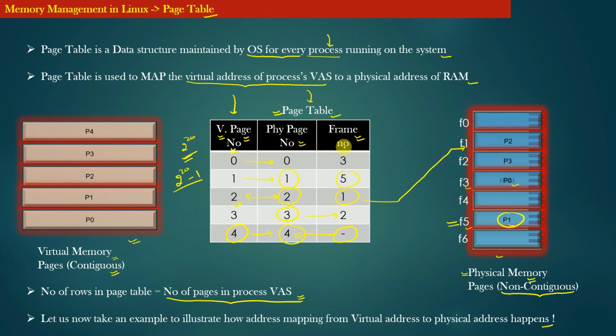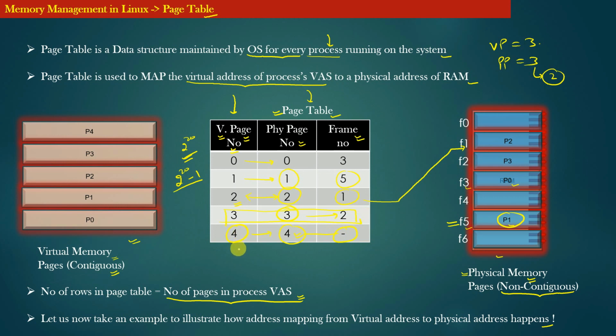From this page table you can immediately say that if I give you an input virtual page number 3, virtual page number 3 maps to physical page number 3, and this physical page number 3 is present in frame number 2 of physical memory.